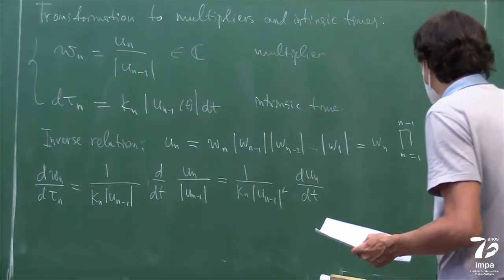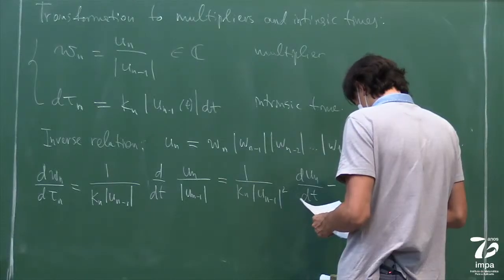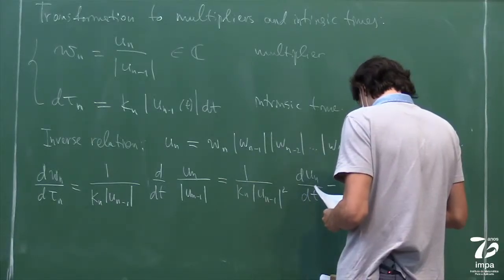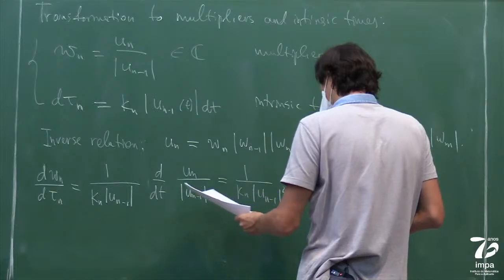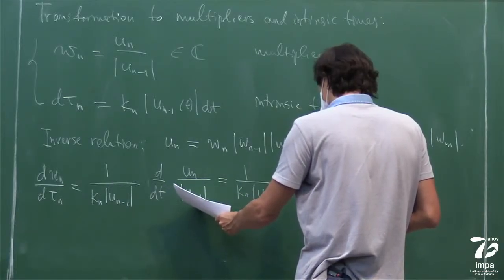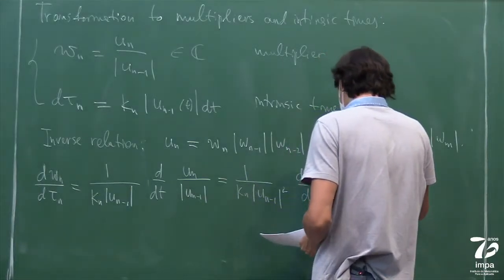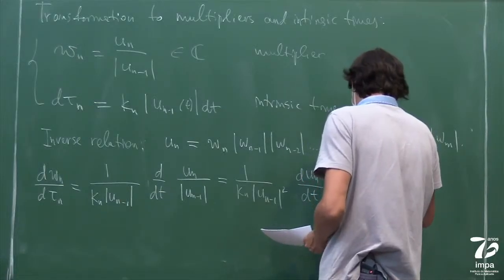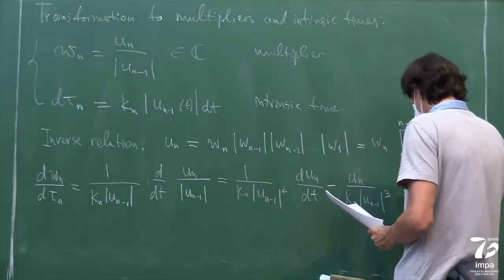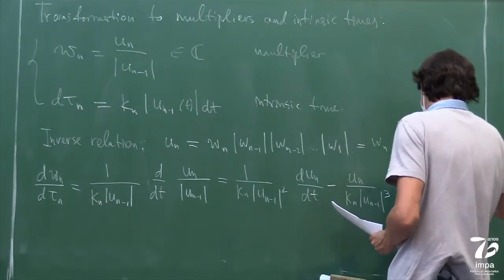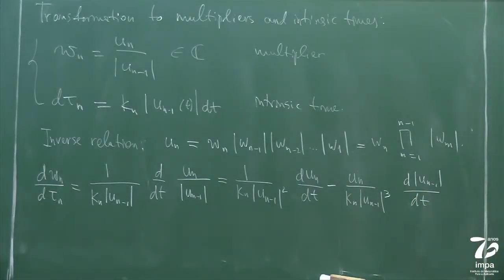And the second term will be minus un over kn modulus un minus 1 cubed, d modulus un minus 1 dt.